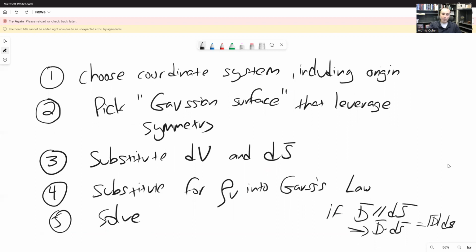Now there's an example in the notes that walks you through these steps so you can see how one might do it. It's stuff you may have seen in earlier physics classes. It's a charged sphere that has radius a, for which the charge density by volume is some constant times r squared.